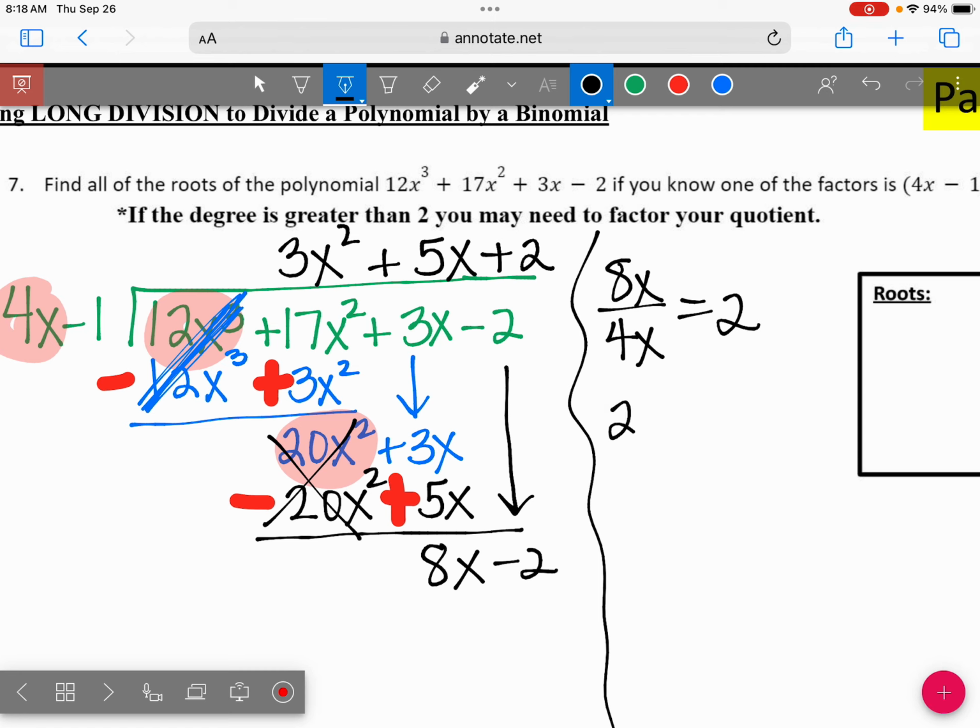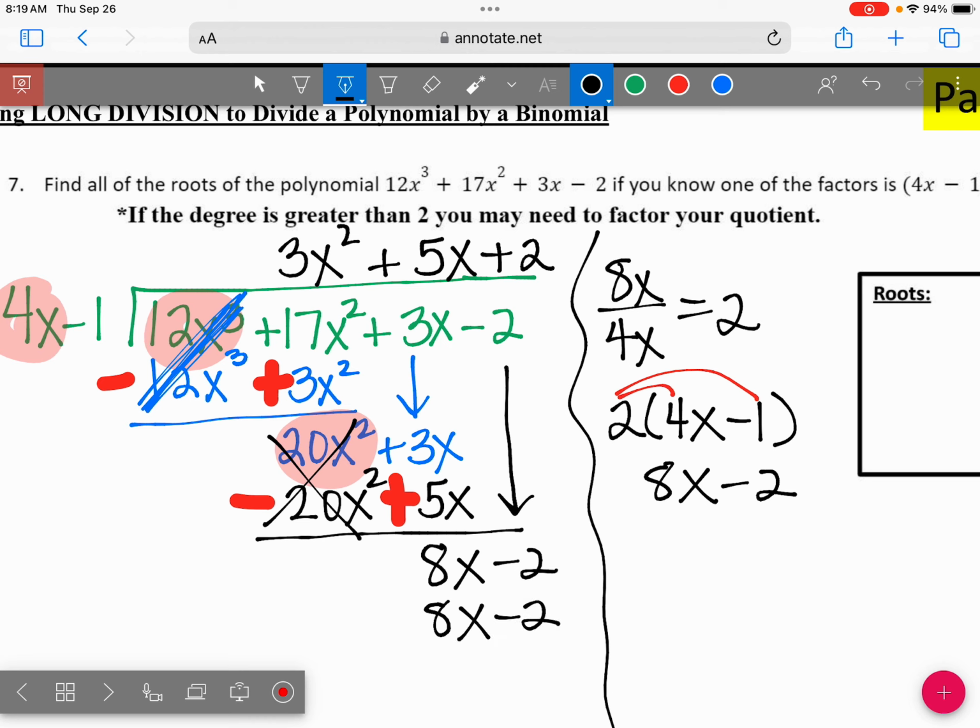Now take the 2 and multiply that by 4x minus 1. We're going to distribute and distribute. So that'll be 8x minus 2. And then I bring that over here. I change. And at the end, they both cancel out.